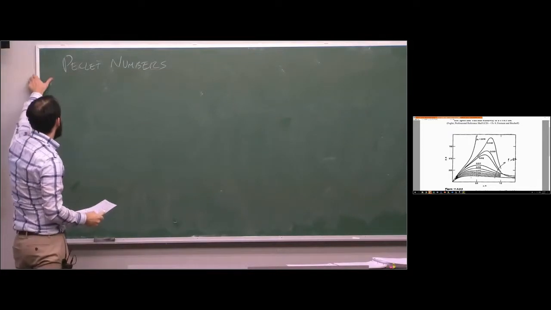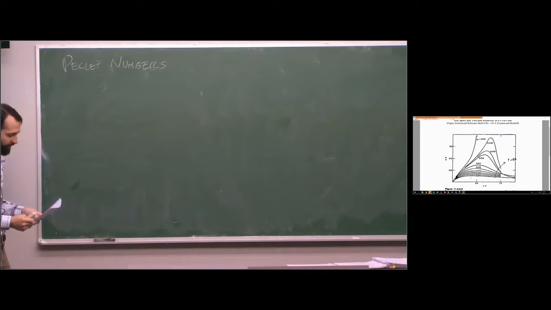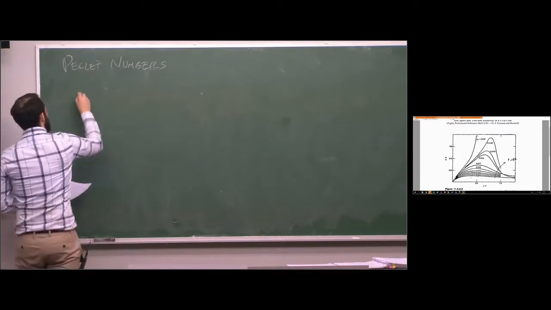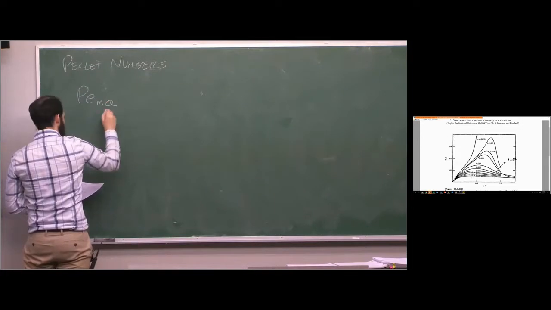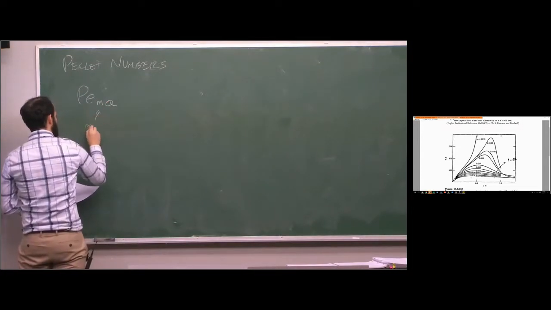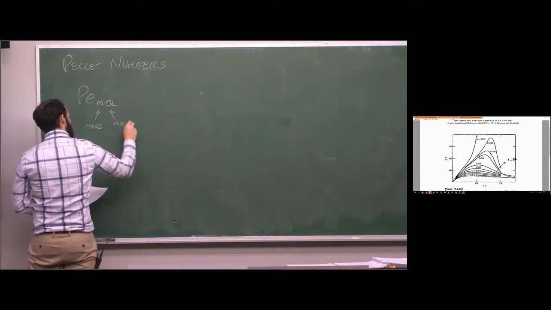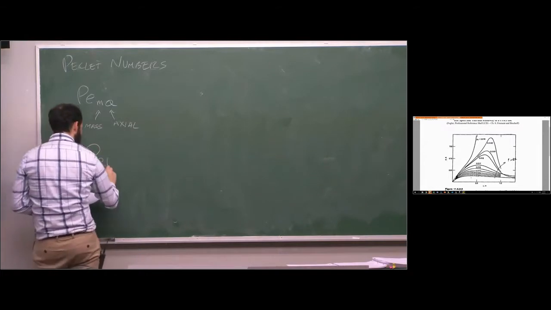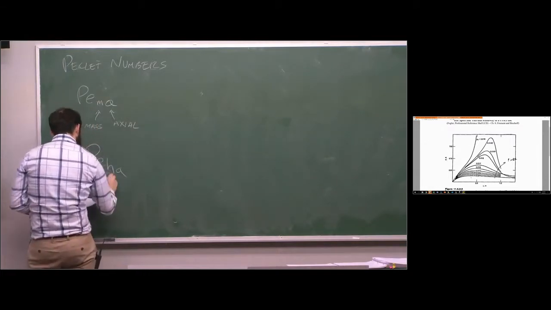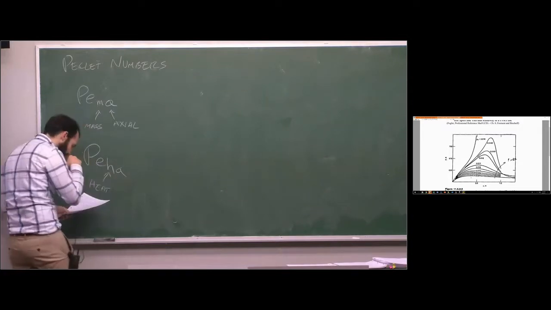You're going to need to calculate some Peclet numbers and come up with some idea of what is important. So Peclet for mass and axial, that's what the MA means, mass, axial. And as you might expect, we're going to have a Peclet for heat, and again, that's axial.